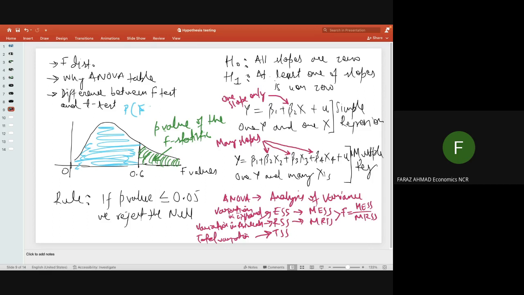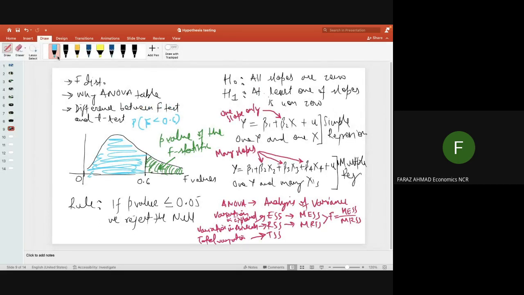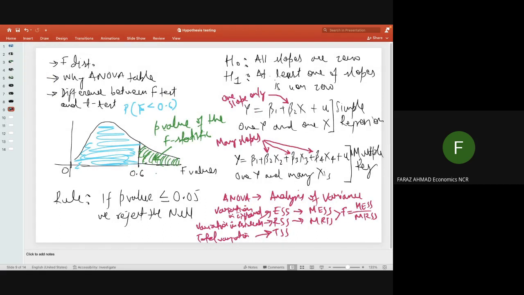Probability of F being less than 0.6, and the area to the right of 0.6, including 0.6, is telling us the probability of the F value being greater than 0.6, right? So we call this the p value.